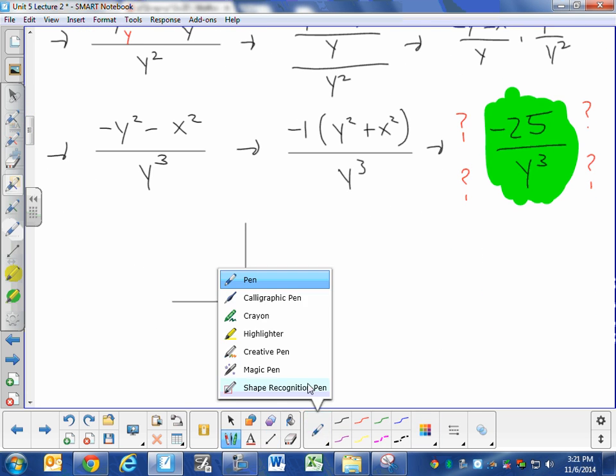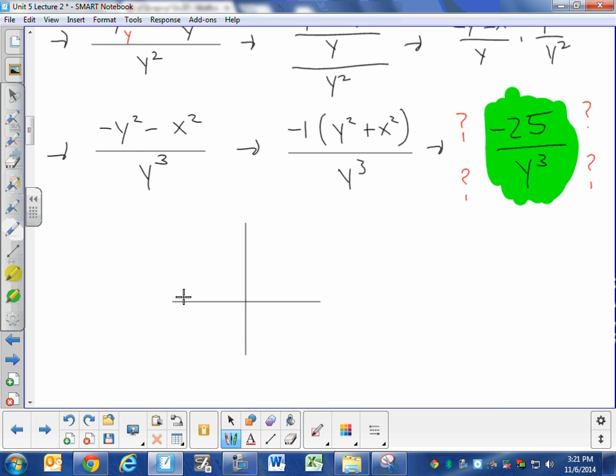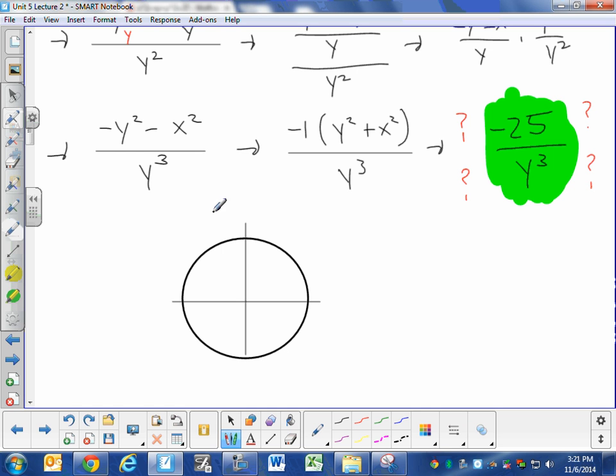Here's my circle. It's got a radius of 5. Well, if I plug in a y bigger than 0, so a positive y, what is my second derivative sign?